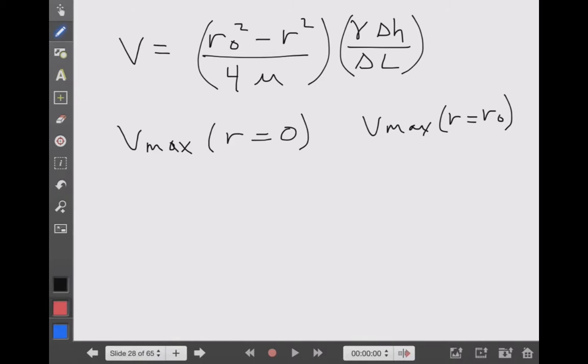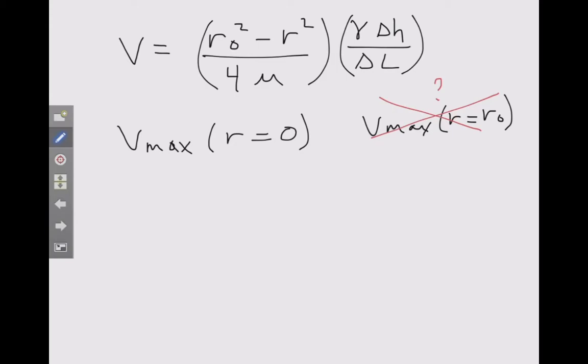And that's where I think their derivation has gone horribly wrong. We know that the velocity is 0 at the wall, so how can this be? This is a big question mark in my mind, and I think it's just indicative of the fact that they've kind of botched this derivation in the book.